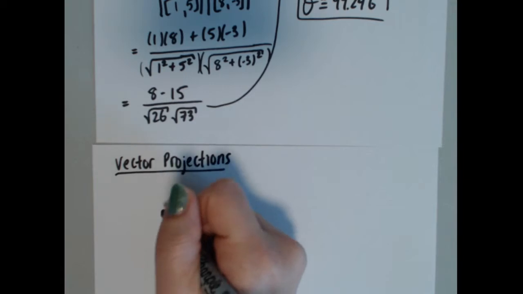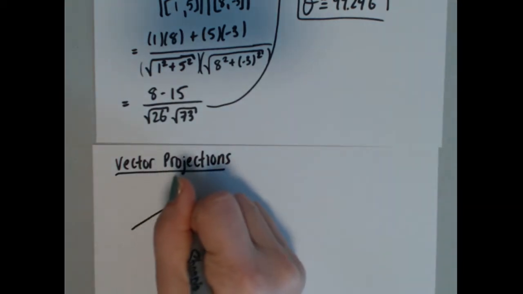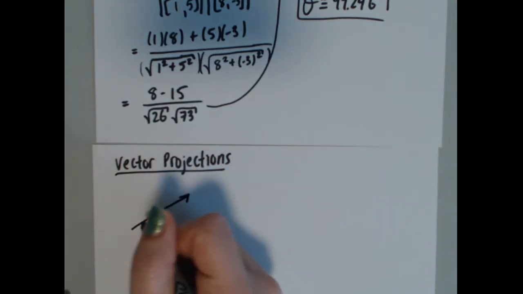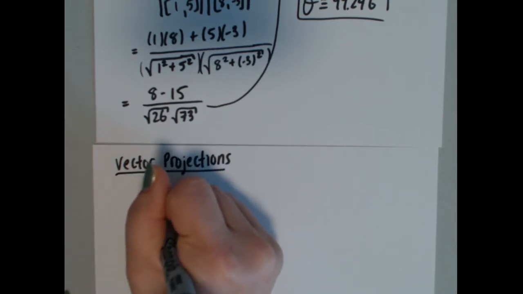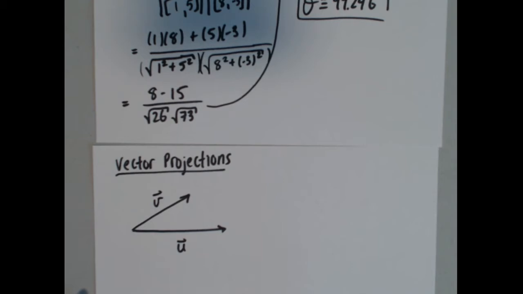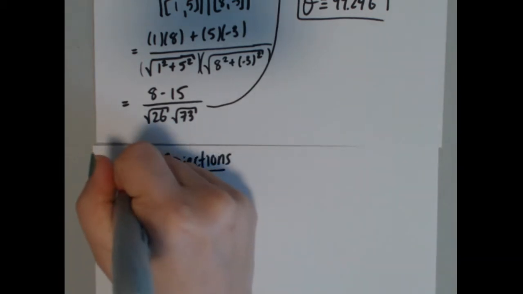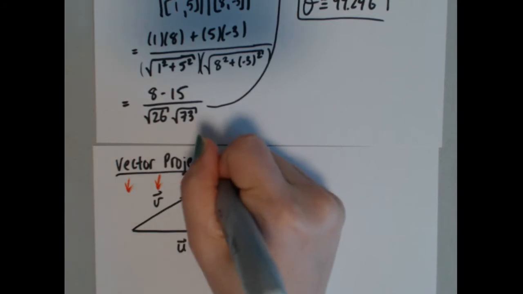Now, what I want you to imagine is this. I have two vectors, u and v, and I'm going to place these vectors tail to tail. Imagine I have some source of light coming in from this direction.